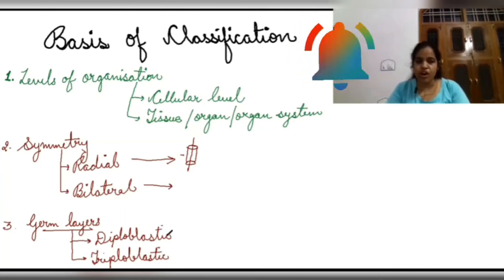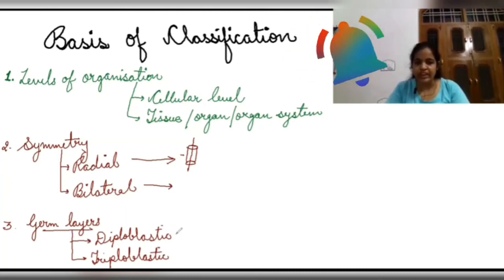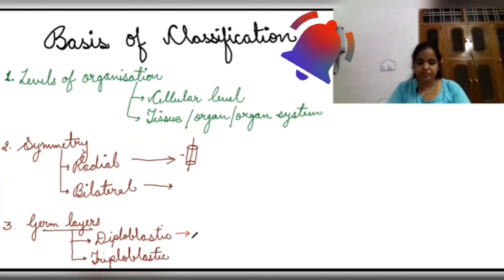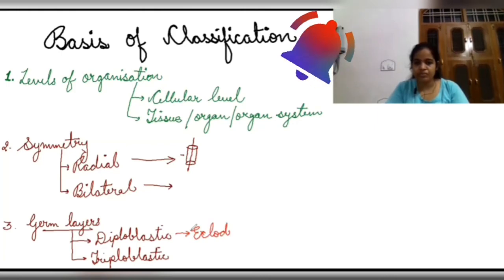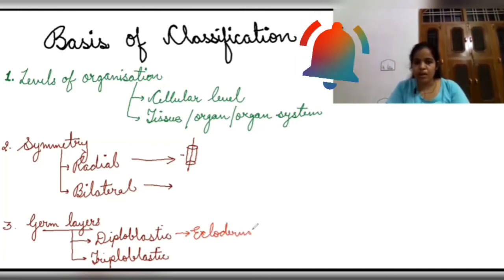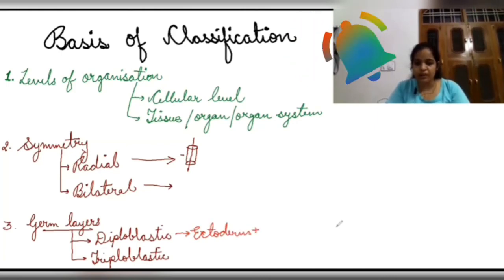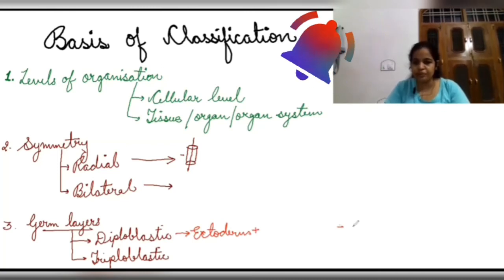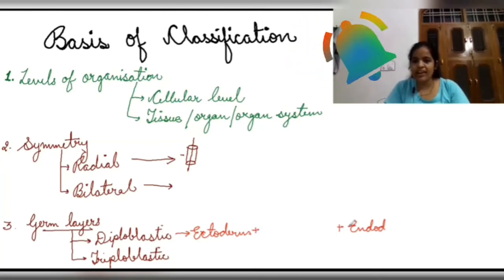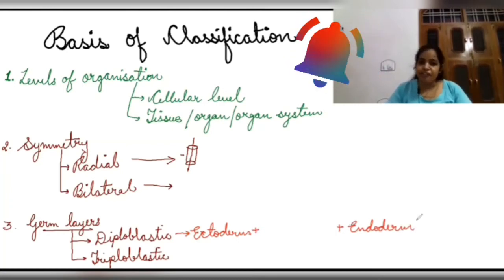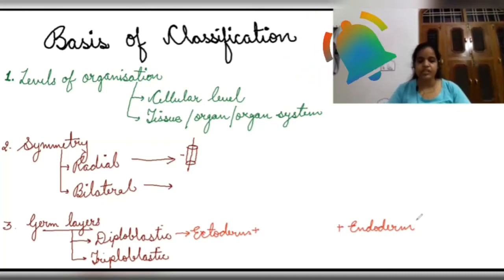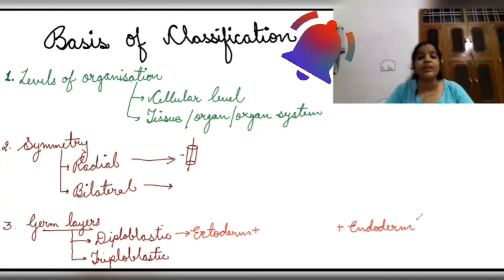In case of diploblastic, two layers are there, that is the ectoderm plus another one we have is endoderm, and in between this ectoderm and endoderm, undifferentiated cells are present which are known as mesoglea.